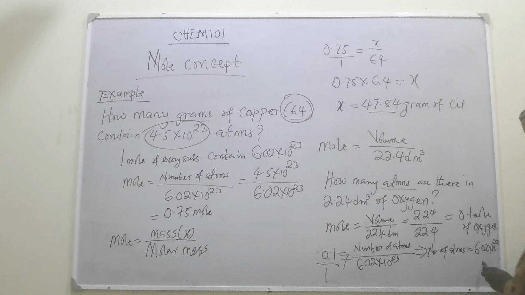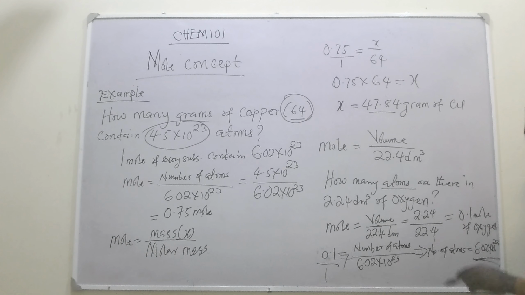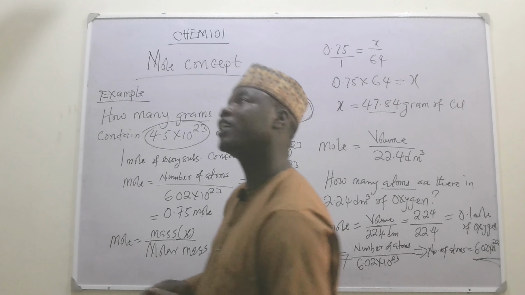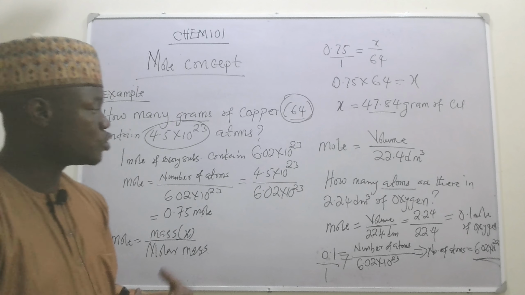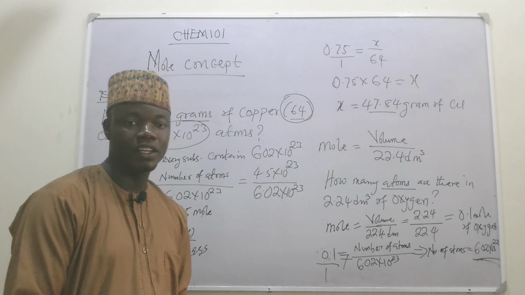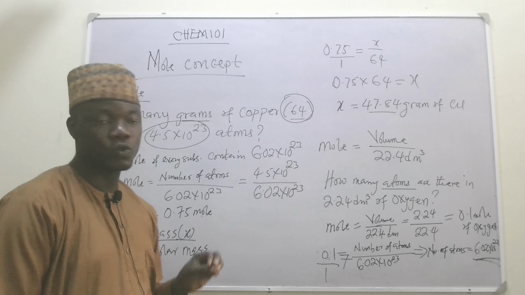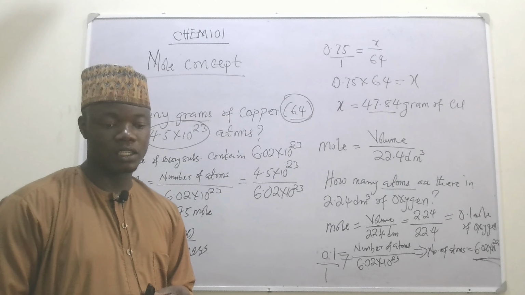It means that in every 2.24 dm cube of oxygen, we are going to get about 6.02 times 10 raised to the power of 22 particles.